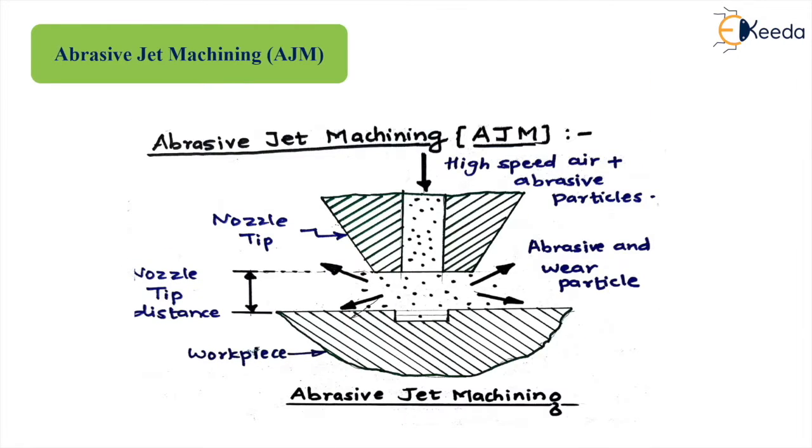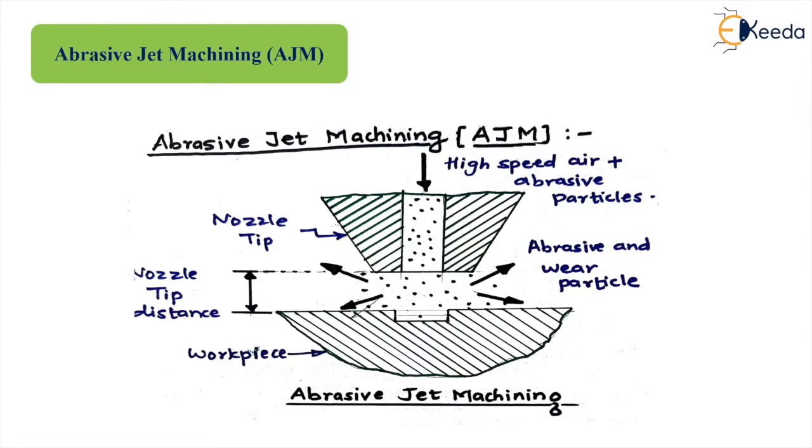You can see here in the diagram, this is the nozzle tip, this is your workpiece, and through this nozzle the high speed air along with the abrasive particles are moving and impinging on the work surface, causing the removal of the material from the workpiece.